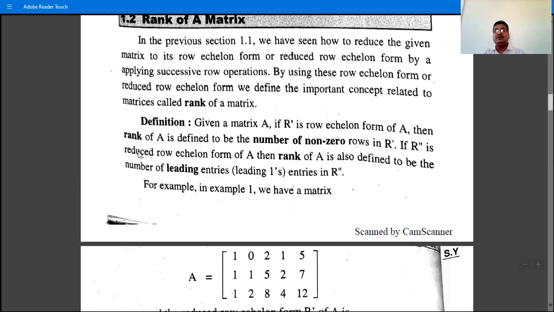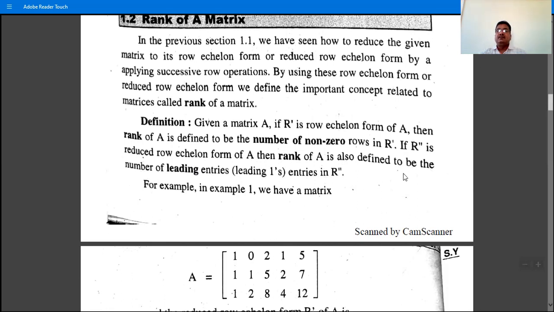Or if R double dash is the reduced row echelon form of matrix A, then the rank of A is also defined to be the number of leading entries, leading ones in R double dash.